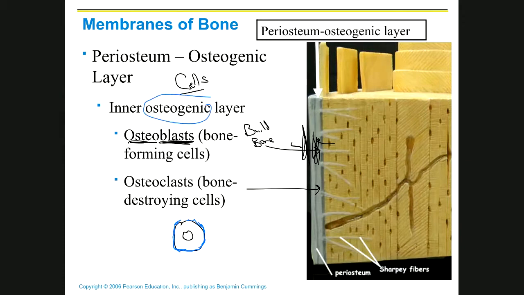Osteo means bone, and genic means to create or generate. So this layer can create bone. And so what's going to happen if I create bone, I'm going to add bone on the surface. And the bone is going to get bigger in diameter, and I'm going to add more bone, and it's going to get bigger in diameter. I'm going to add more bone. So I'm going to go from a bone this size to a bone this size because I've added all this extra bone on here.